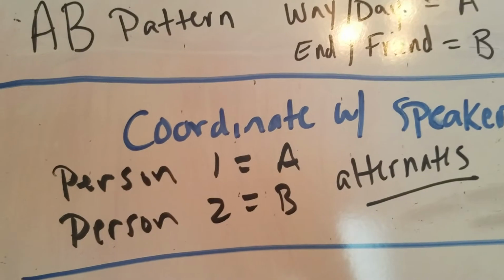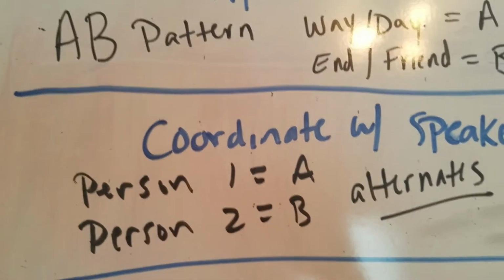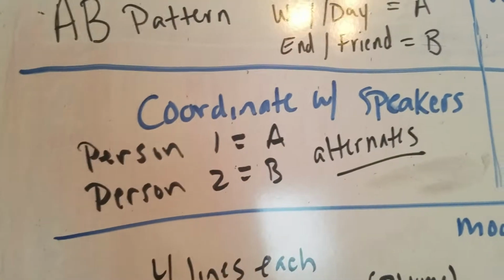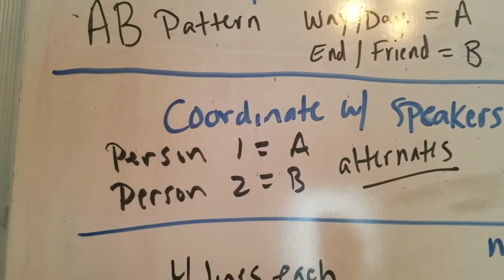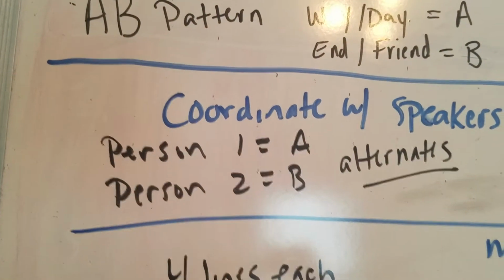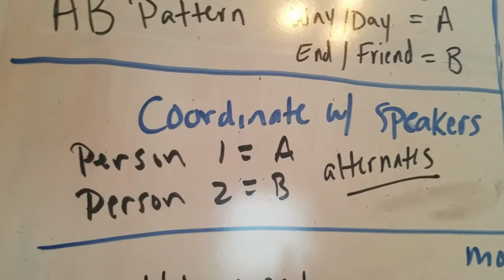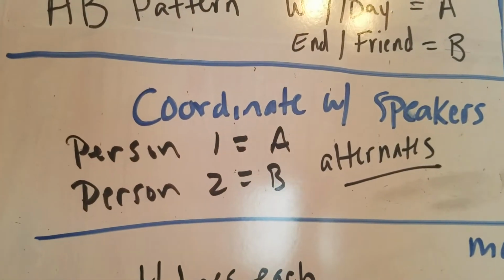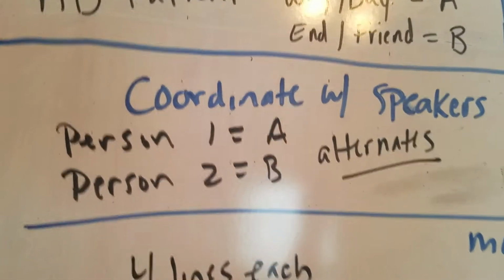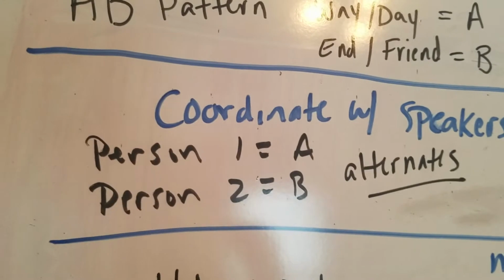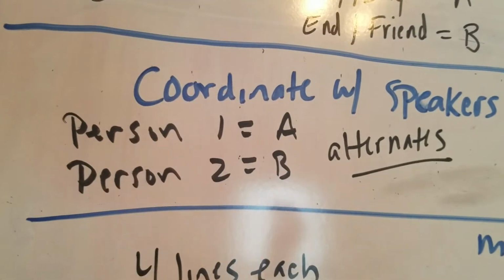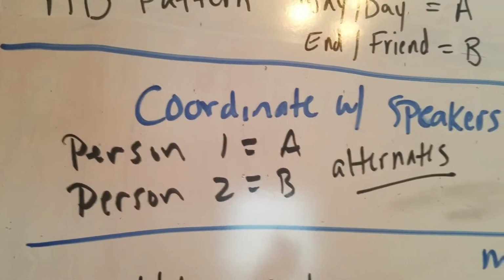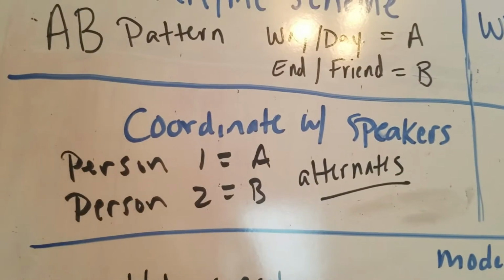You clearly have two different speakers, and what makes it easier to know that is the A-B pattern. Person 1 is line A, the way and the day person, and person 2 is line B, the lines that end with end and friend. So you see this conversation and how it plays out.